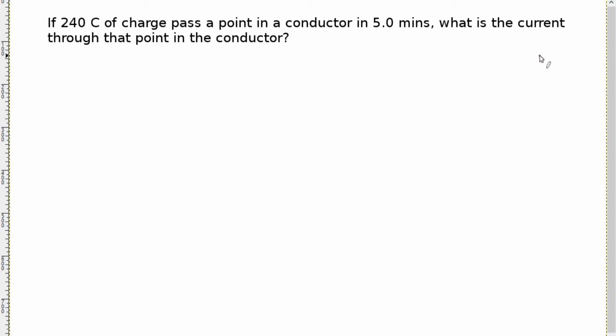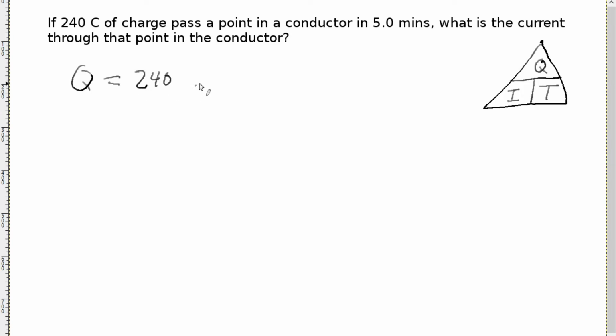We'll stick with having our little formula here: I, Q, and T. And this question says, if 240 coulombs of charge, so as I'm working through this, I would put our charge, Q, equals 240, pass a point in a conductor in 5 minutes, so our time equals 5 minutes. What is the current through that point in the conductor?